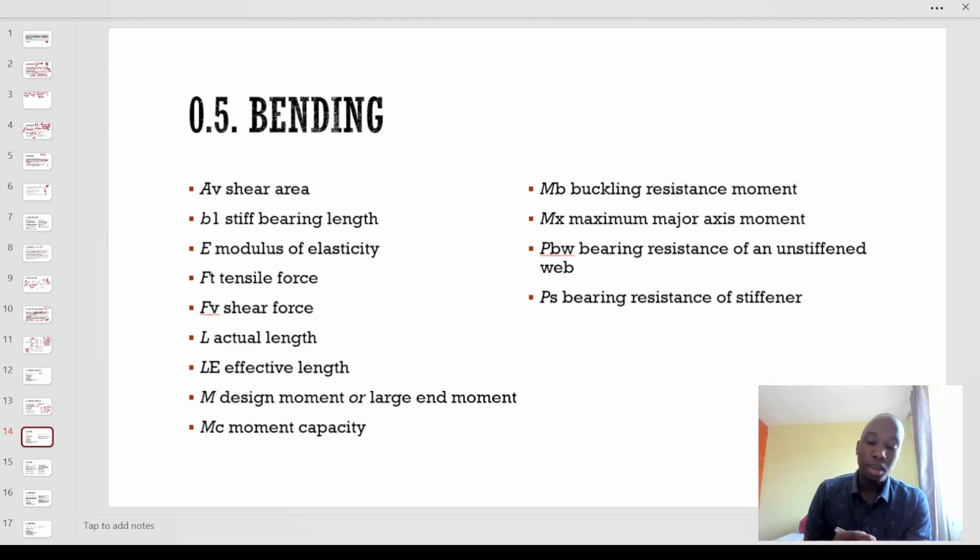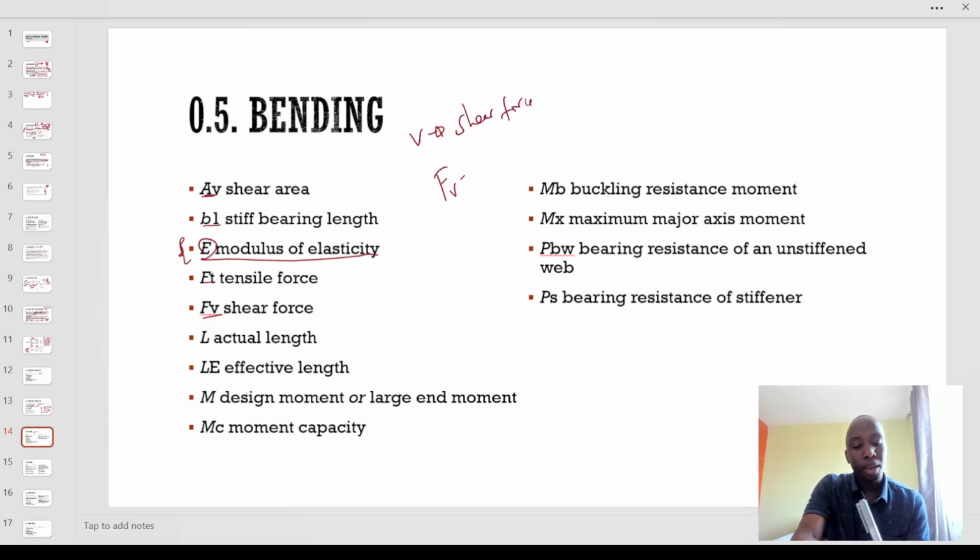These are some of the things that we'll find when we are doing bending. AV will be the shear area. BL, stiff bearing length. E, you should know this one. Elastic modulus of elasticity, which is stress over strain. Force tensile, force shear. V, mostly where we use V, we are talking about shear force.